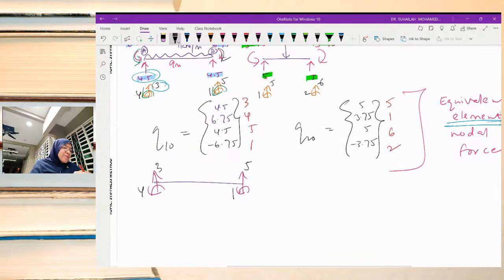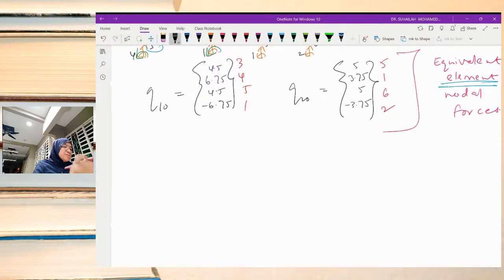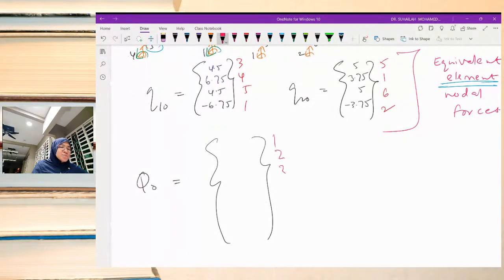Then we have to combine these two Q naught to produce Q naught in 6th position, and it must be in order 1, 2, 3, 4, 5, 6.